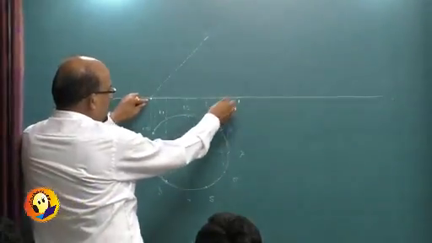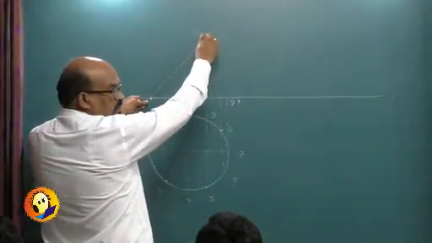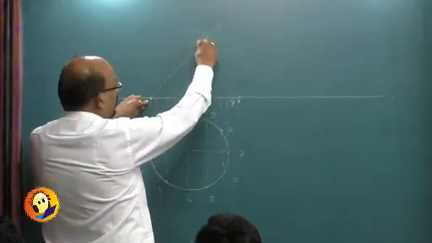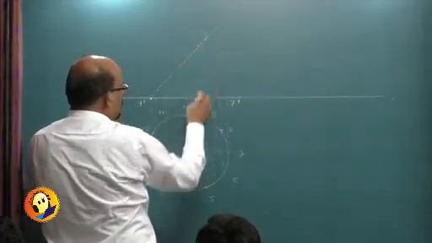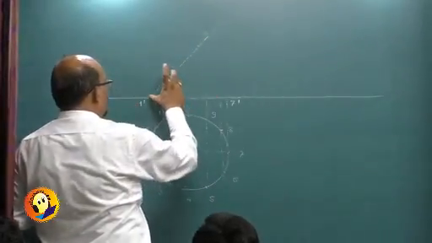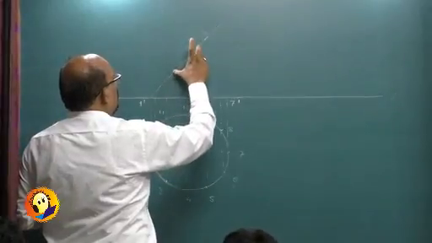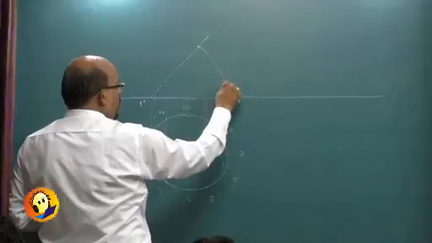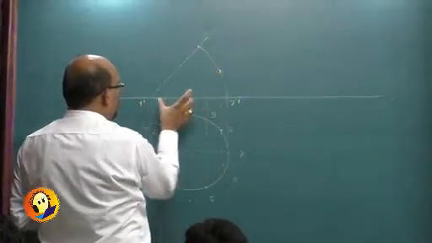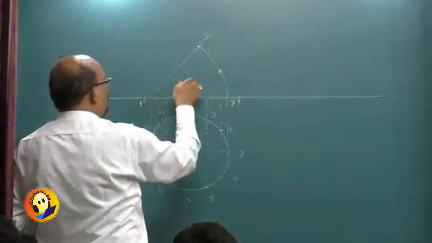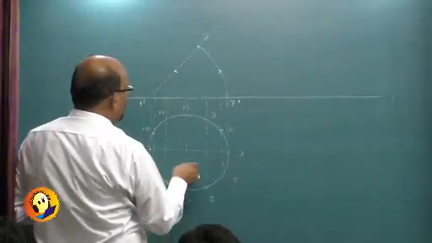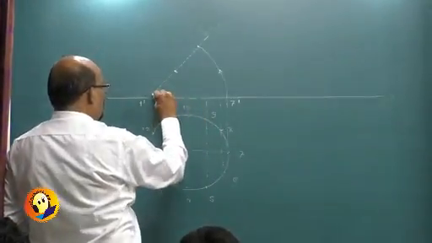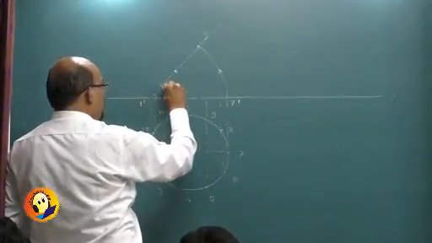And this 7 will move here, right? So point 7 moves here, point 10 will move here. You are required to rotate all these points.